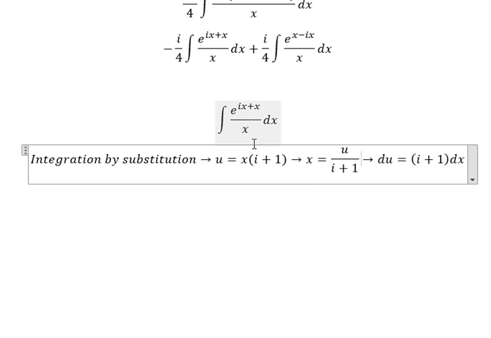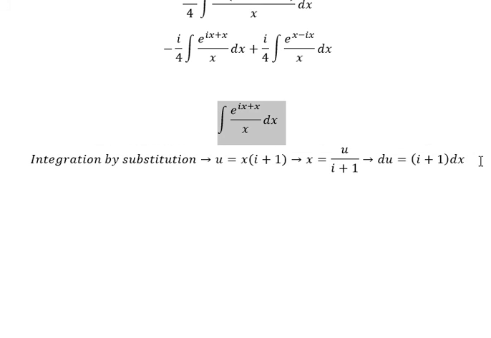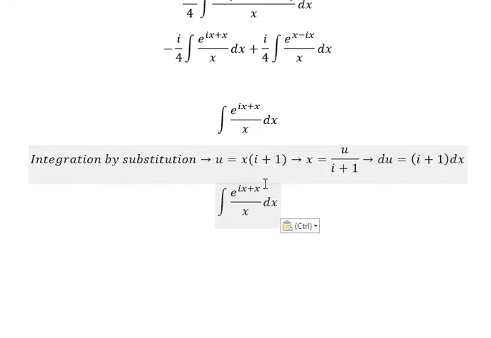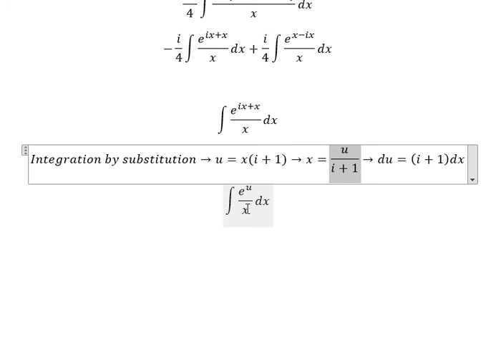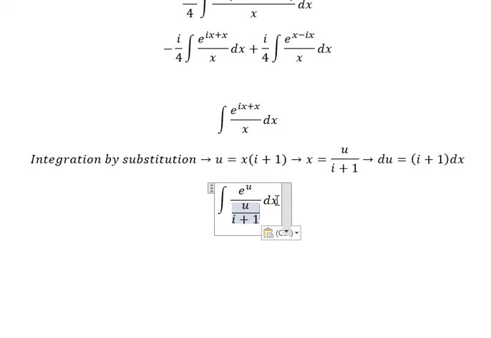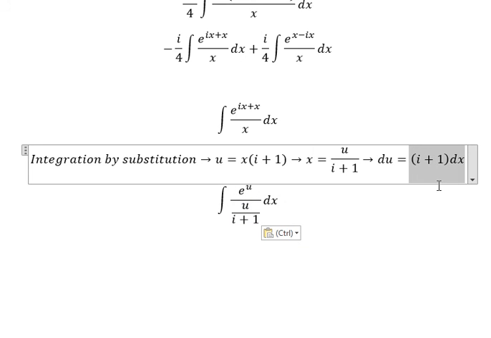So now we need to change this integral in here. On this one, we change for u. s, we change for this one. ds, we change for this one. We need to divide by (i plus 1) in here too.